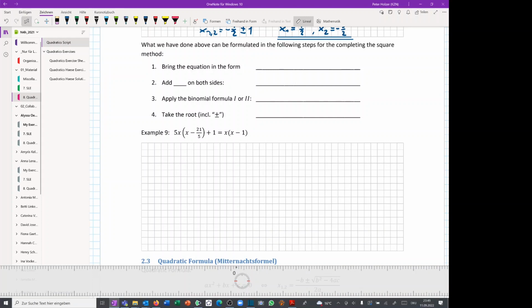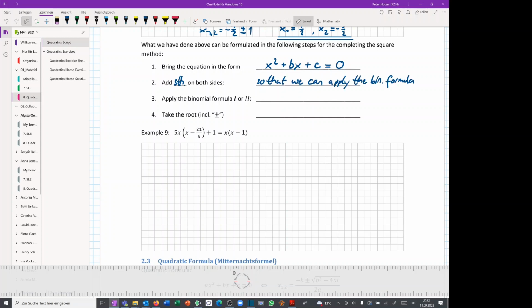The completing the square method consists actually of the following steps. Bring the equation first in the form x squared plus bx plus c equals 0. Second step, add something on both sides so that you can apply the binomial formula.